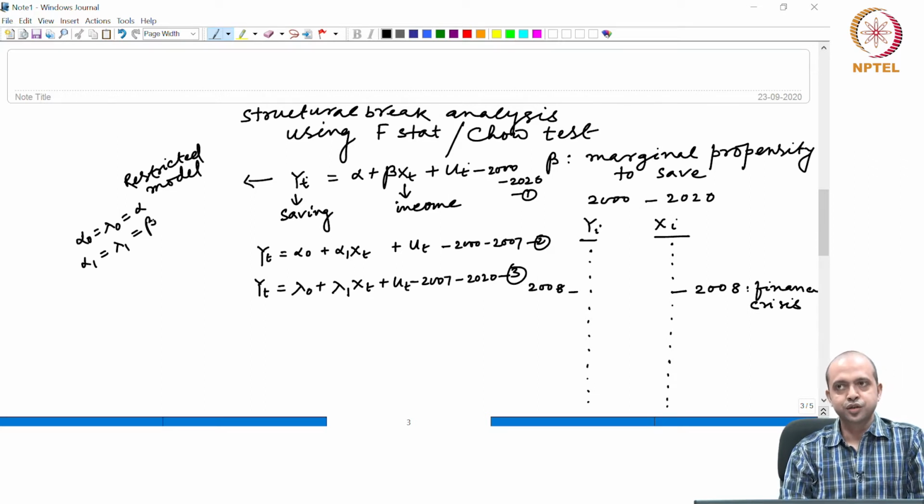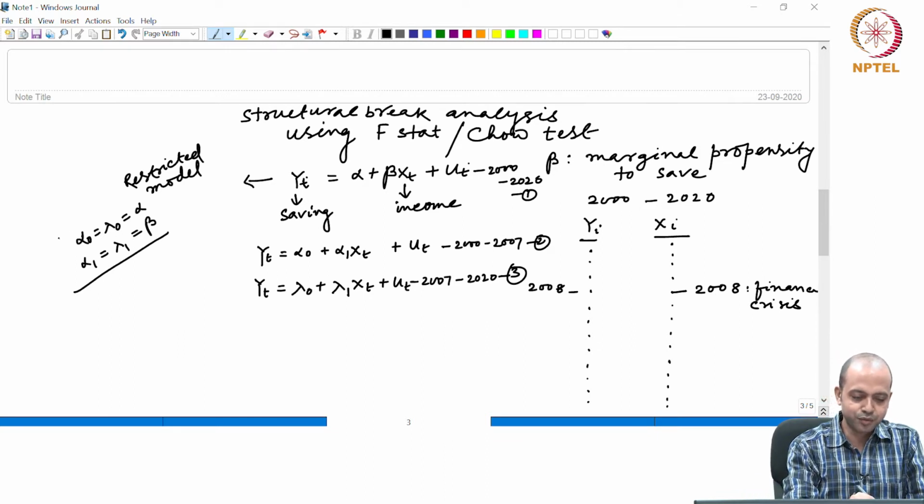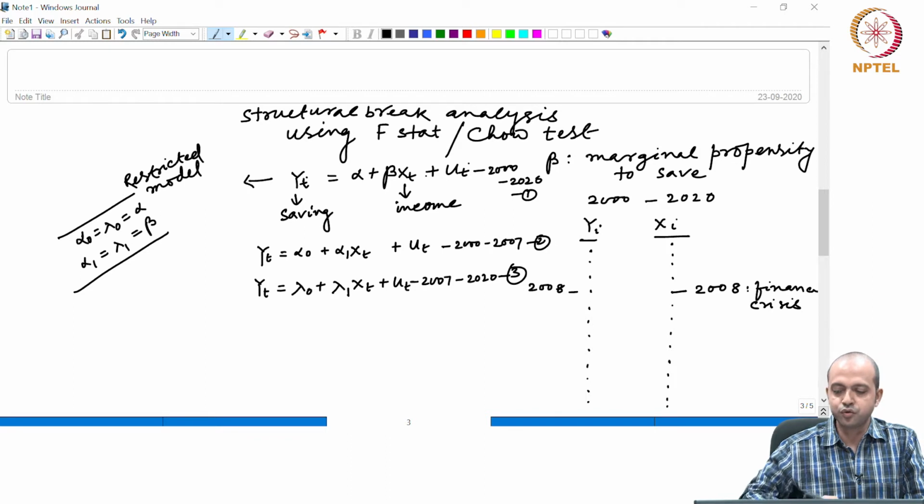So that means even post financial crisis there is no significant change in the intercept as well as the slope of the saving income relationship. This is the restriction we have imposed in this model 1.